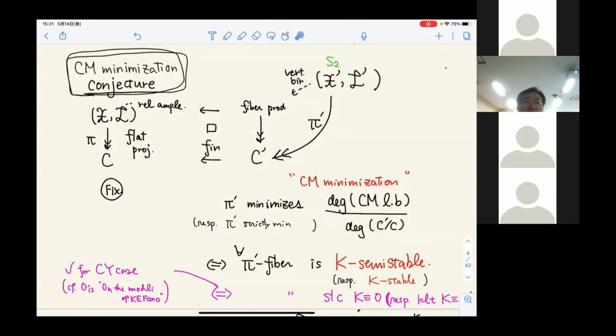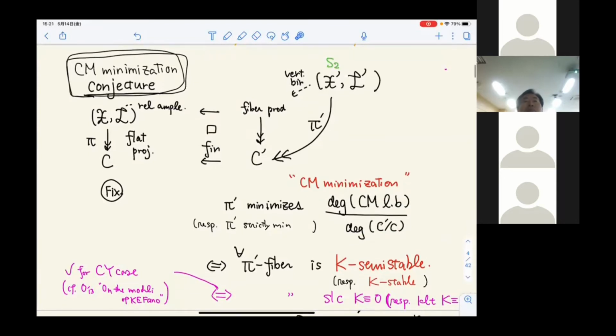To be precise, we should allow a base change to fill in a reasonable K-semi-stable filling, and also divide that number by the degree, as a normalization factor. Yeah, this is a kind of digression of the talk.